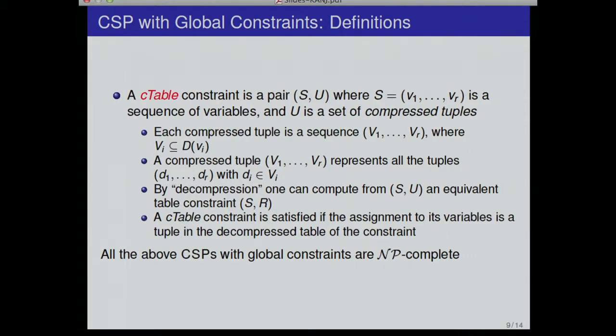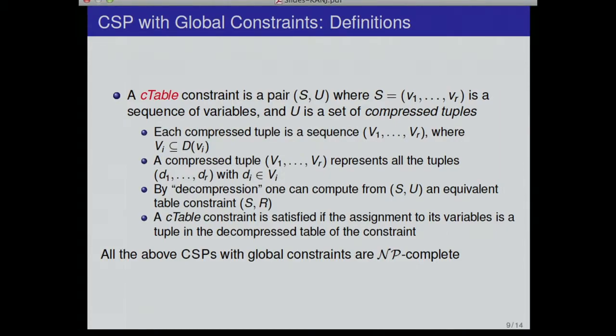And a constraint is satisfied if its variables are assigned values that correspond to a tuple in the cross product of one of these compressed tuples. So you could decompress each one of those compressed tuples to obtain a table, and now you have basically the CSP back in this case.